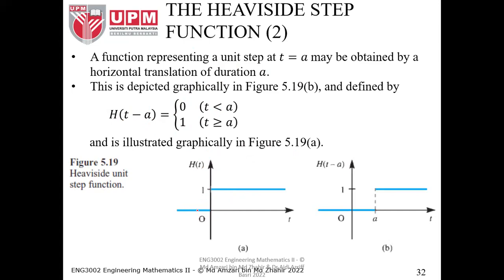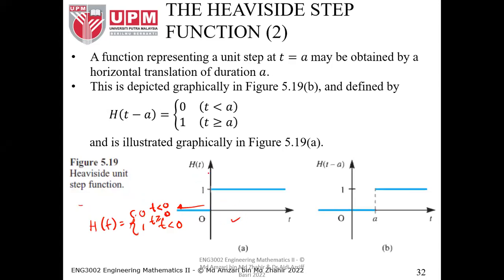So you start from t below 0 with 0. Okay, this one is H(t) equal to 0, 1, whereas t is below 0 and t is bigger than 0. So your step function will be something like this.